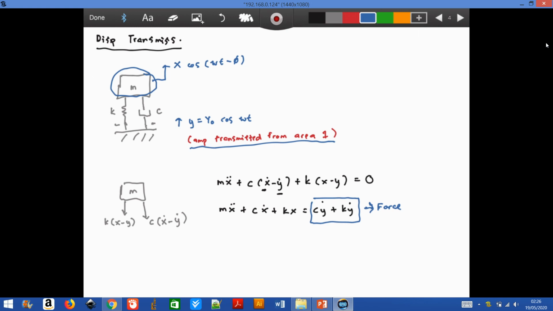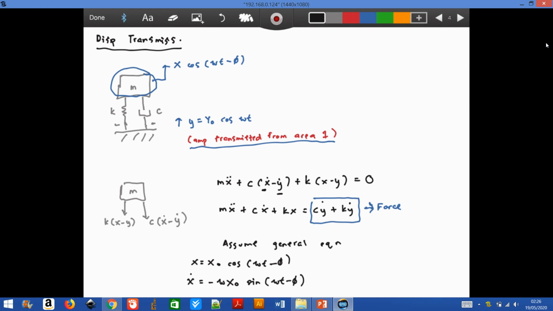So if you assume the general equation, x equals xo cos(omega t minus phi), and x dot is minus omega xo sin(omega t minus phi).